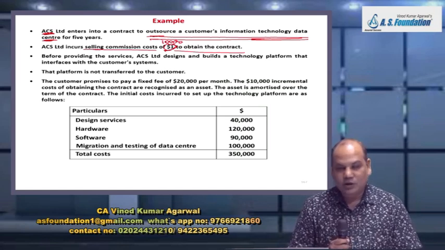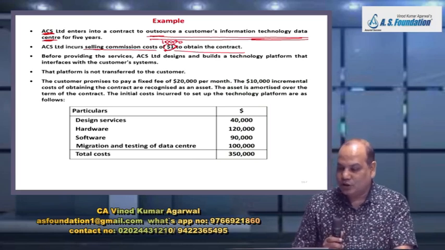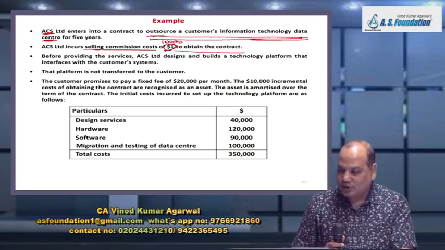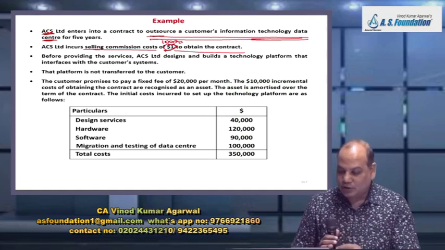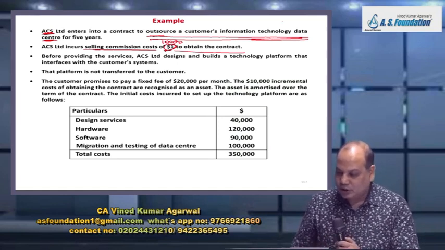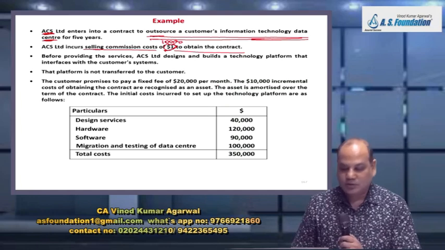That platform is not transferred to the customer. Platform means whatever technology backbone that you create so that you can provide the technology data center service to the customer, and for that you have to create some infrastructure. The customer promises to pay a fixed fee of 20,000 per month.